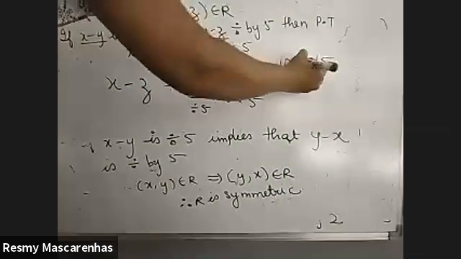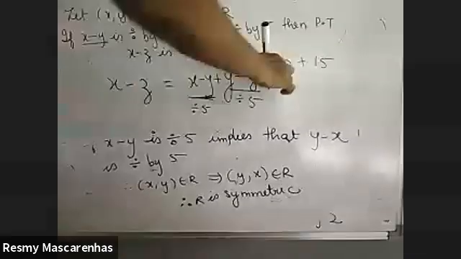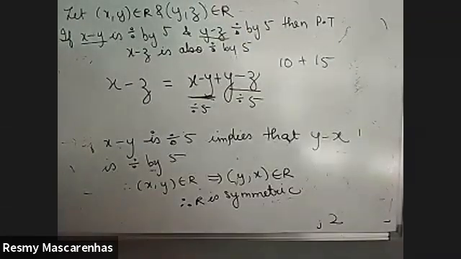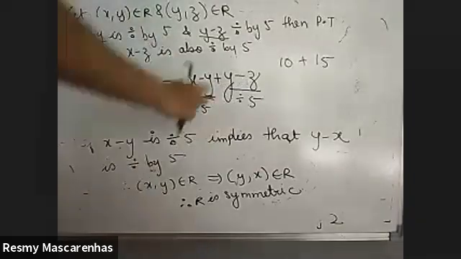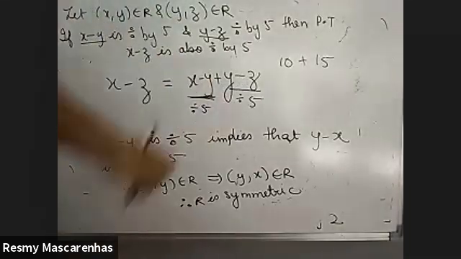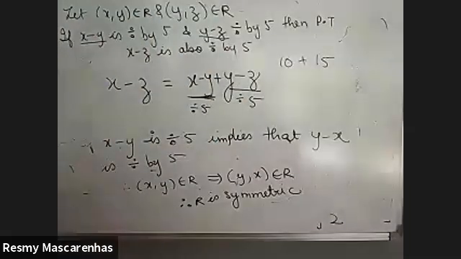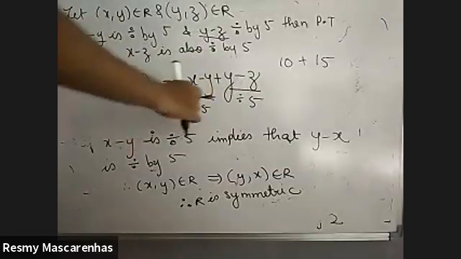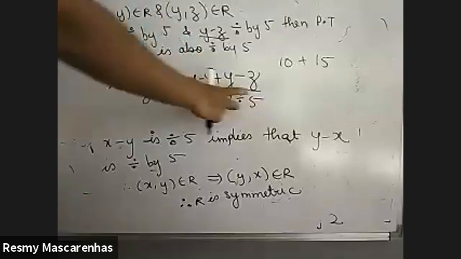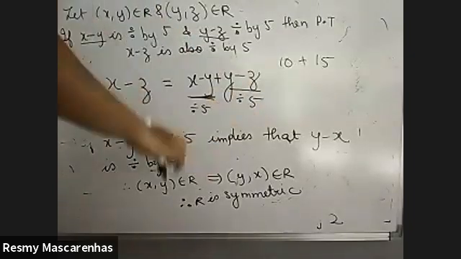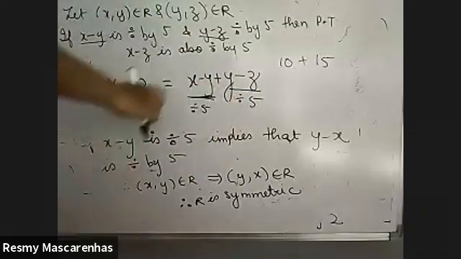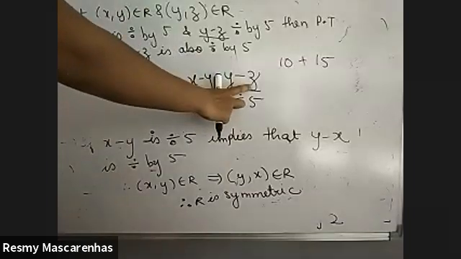If you add both numbers which are divisible, obviously you'll get a multiple of 5 only. 10 plus 15 will give you 25, which can be divided by 5. So anytime you add two divisible numbers, you will get a number which can be divided by 5. You don't even have to check it, directly you know that. Up till here you can directly write, no need to even write this. This balancing is important.